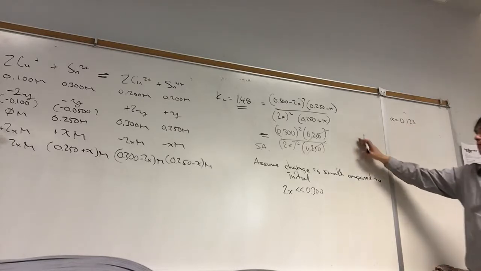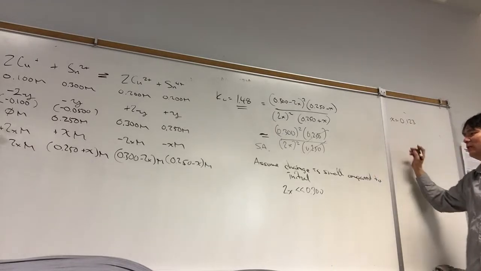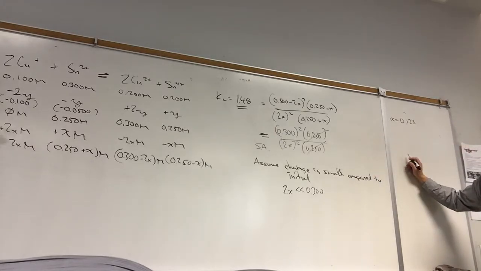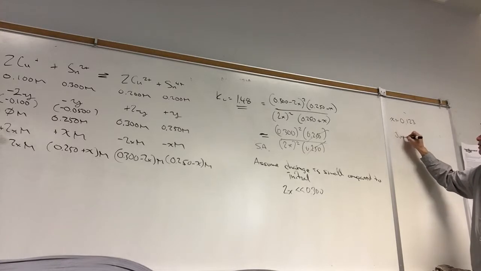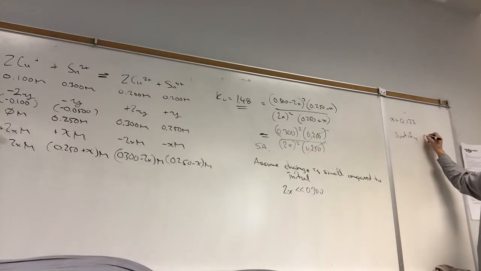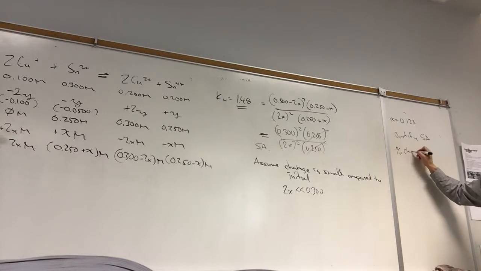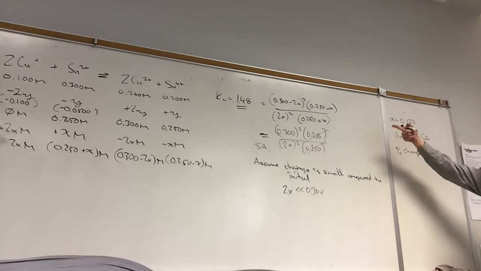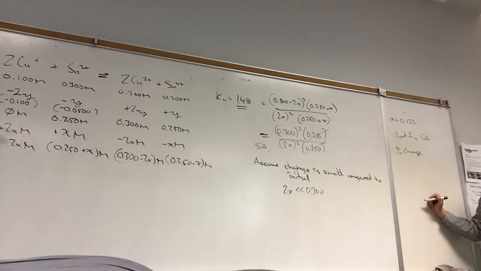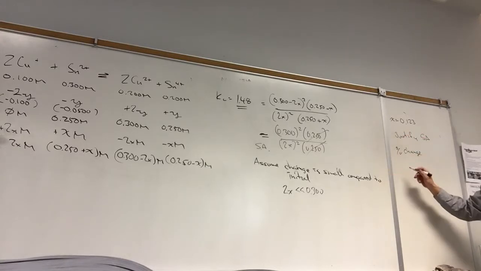And so now we made this assumption and then we calculate what the x is. It's 0.123. We have to justify the SA. And when we justify the SA, we calculate the percent change, the biggest percent change. And so we only have to do one of those, the one with the largest relative change, which would be the 2x to 300.